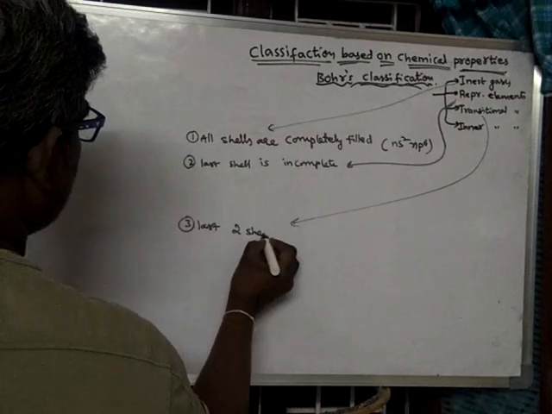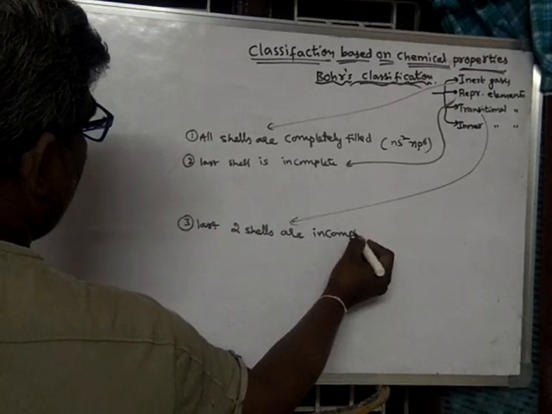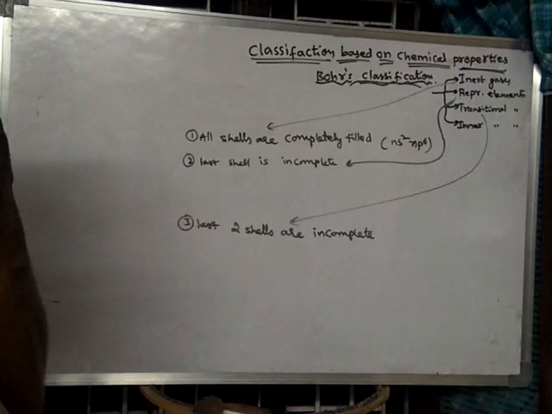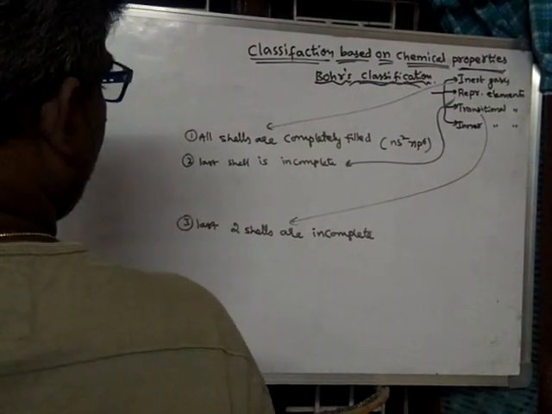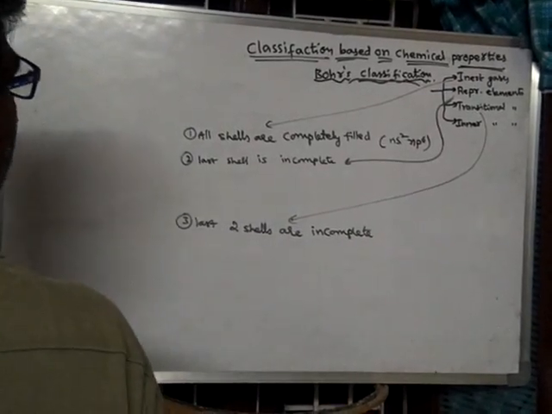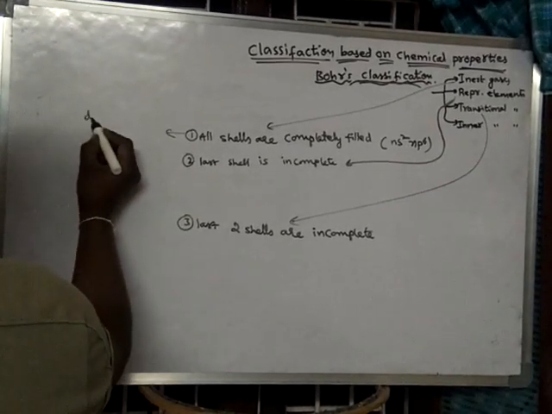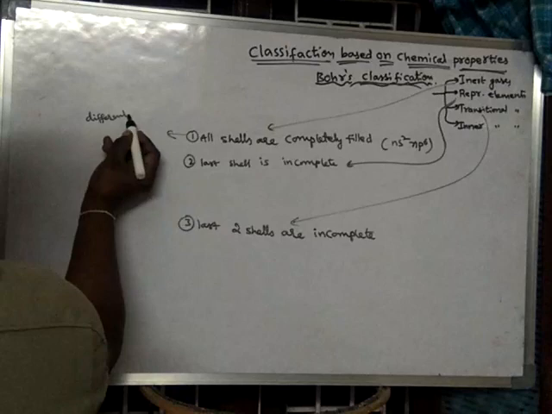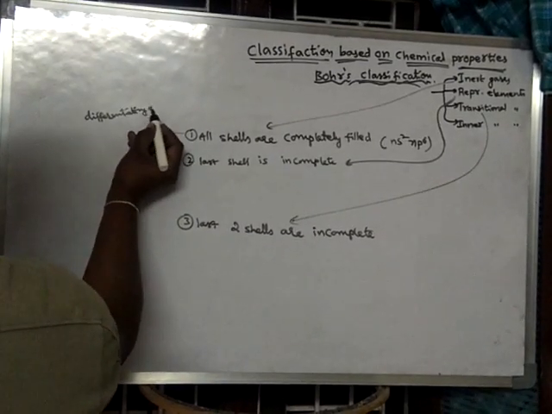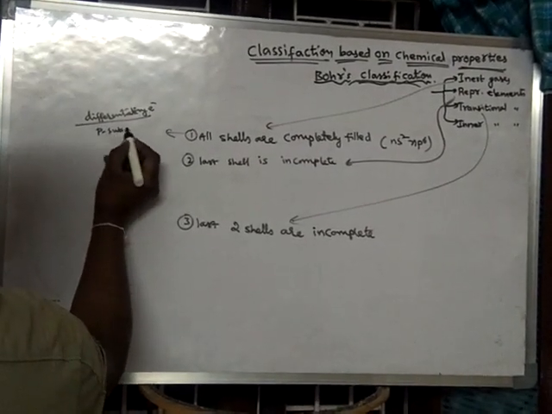In transitional elements, the last two shells are incomplete, and the differentiating electron, the last electron, is present in the (n-1)d subshell.